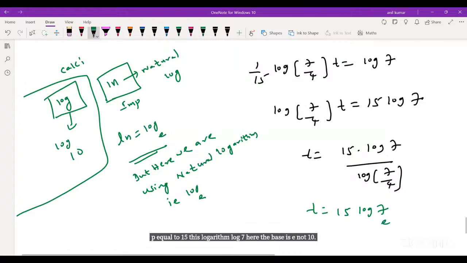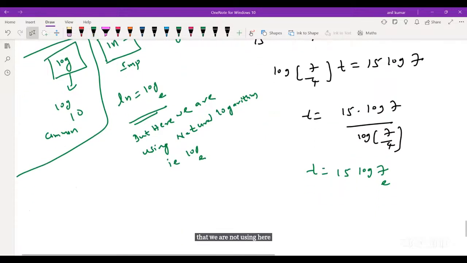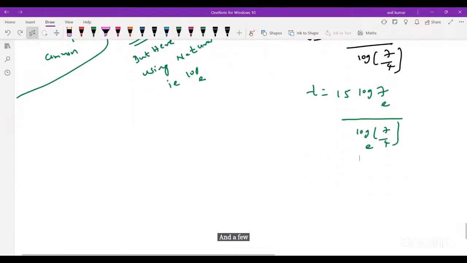Base 10 is the common logarithm that we are not using here, because in the beginning I explained this rate of change of temperature is proportional to the exponential decay. Log 7 by 4, base is e. I'm just adding the base e here. That's it. And a few seconds back, I explained when you are observing base e, that is the natural logarithm. Dear students, which logarithm?